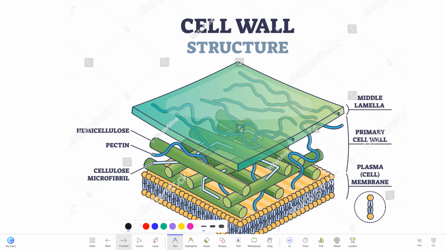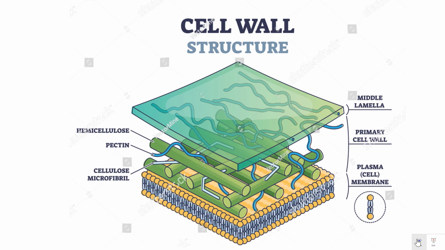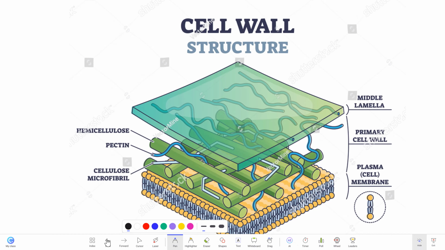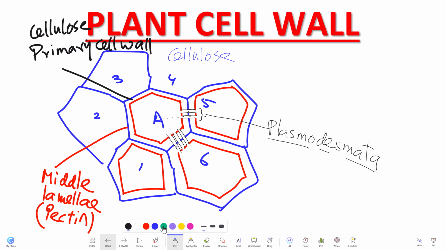Okay. So what could be inside this? What do you find below this? Cell membrane, right? There is cell membrane here. And then there is vacuole, cytoplasm, everything. So that's middle lamella, primary cell wall, cell membrane.